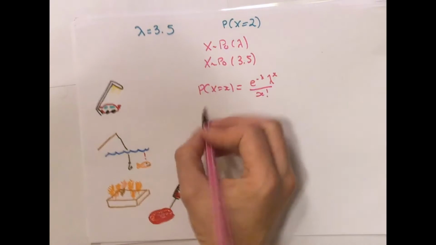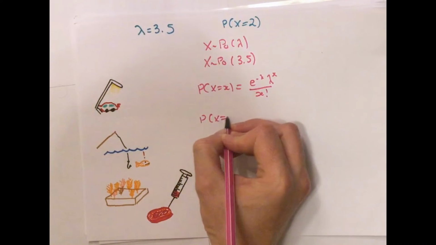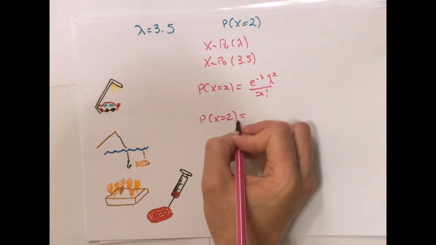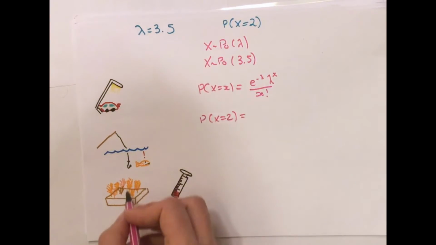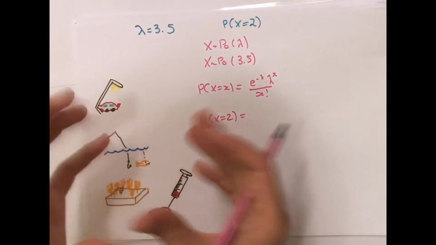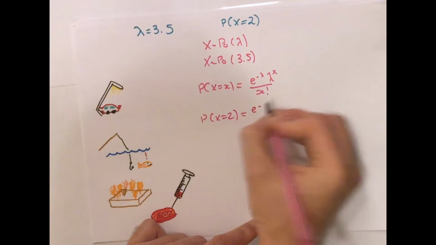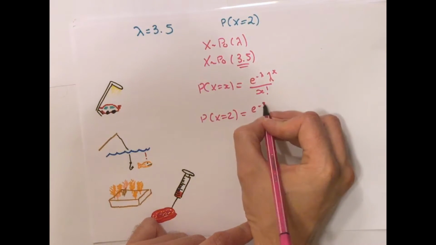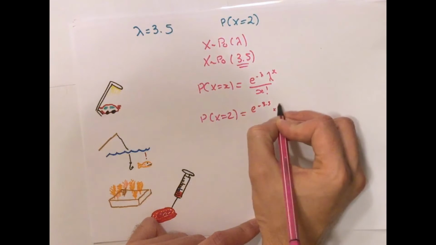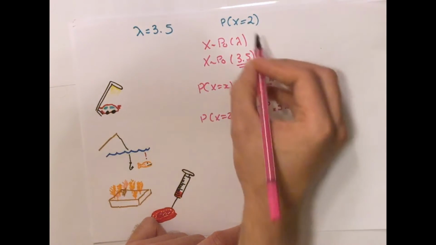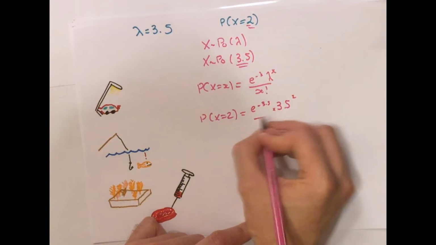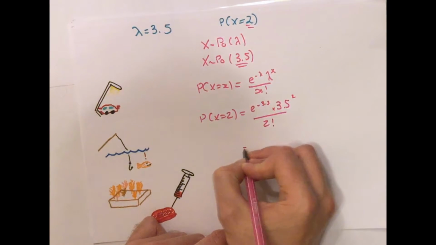So the chance that x equals 2, for example that there are 2 ears of corn in this 1 square metre of field, is e to the minus 3.5 times 3.5 to the power of 2 over 2 factorial.